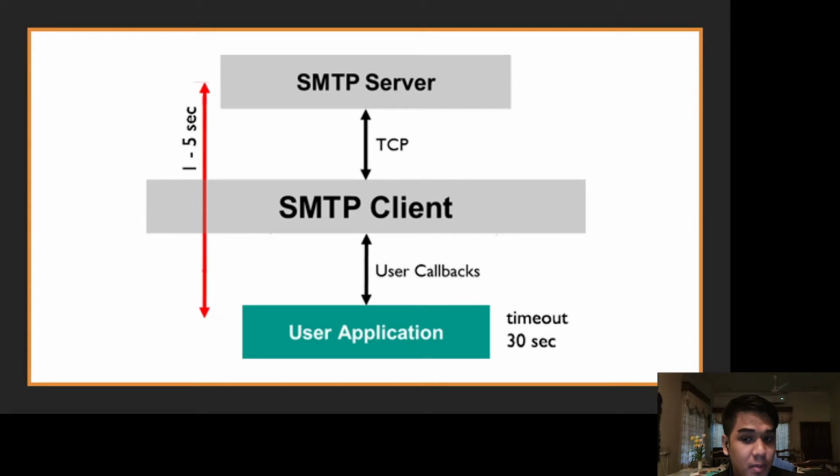And you can see below, on the user application on the web server, it takes 30 seconds before it comes up with a server timeout error. This problem occurs because the emailing process sometimes takes more than 30 seconds. That's why the server timeout error has occurred.